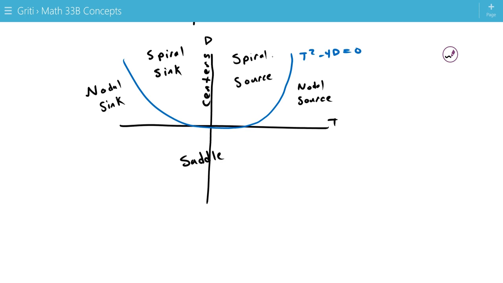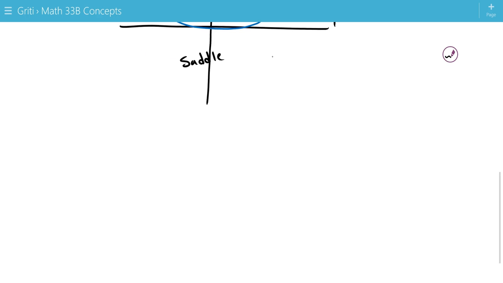So this trace determinant plane just shows all of these different types of solutions graphically and makes sure that we have covered them all. Each of these regions corresponds to a generic solution of the 2x2 system.